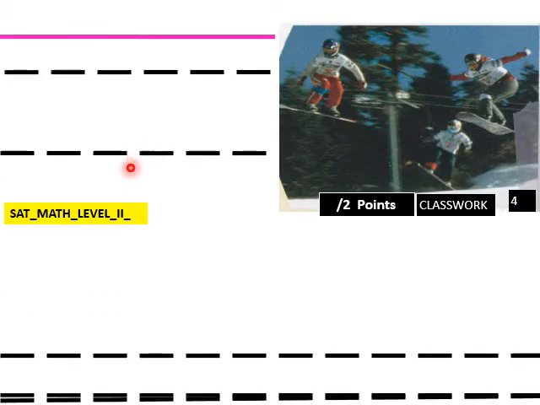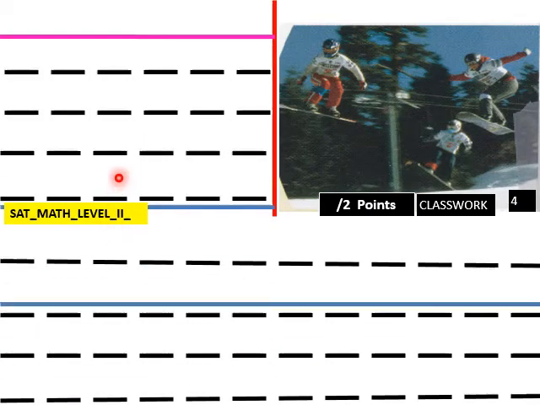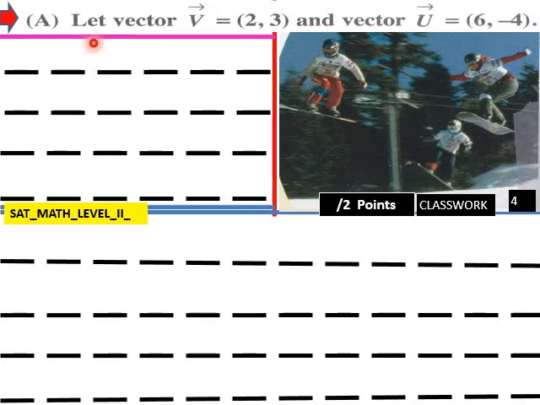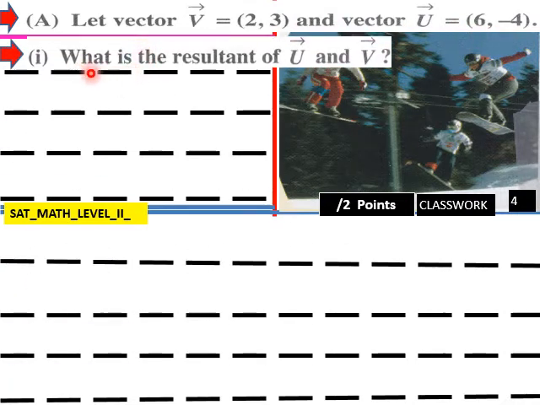Okay, let's try an example here. A, let vector v equal 2, 3 and vector u equal 6, negative 4. When we do that, what is the resultant of vector u and vector v?